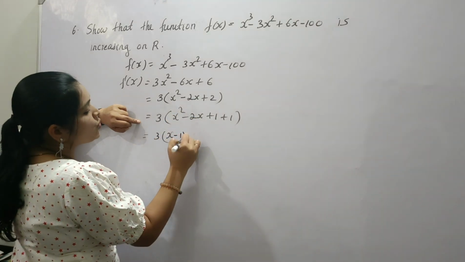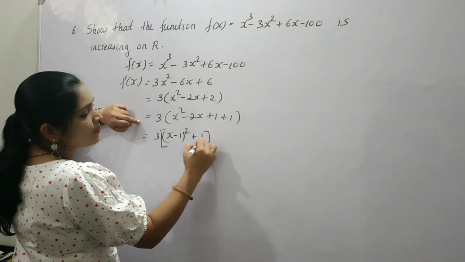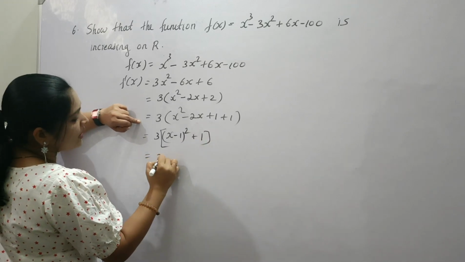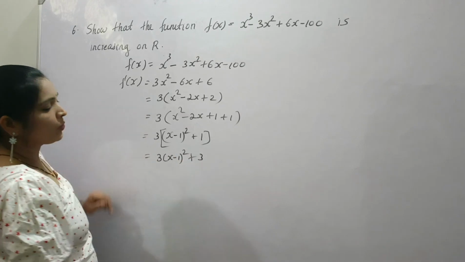So x minus 1 whole square and it is plus 1. That is equal to 3 into x minus 1 whole square plus 3.